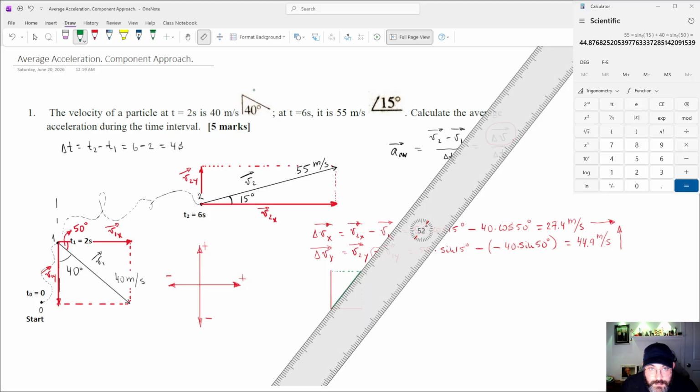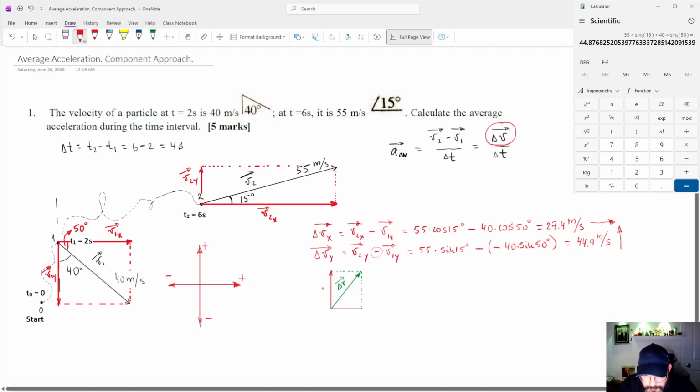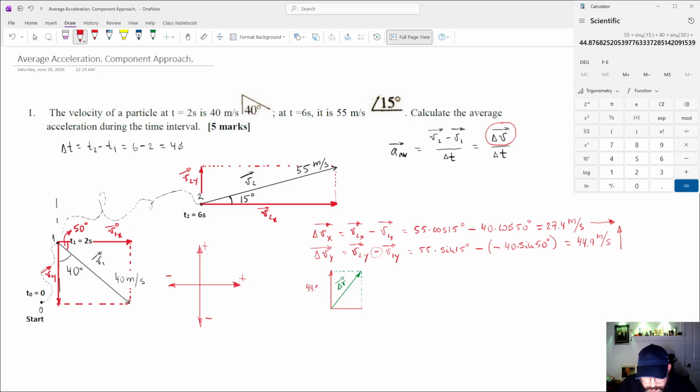Something like this. Okay, good. So this is our delta V. This is 44.9 meters per second. And this angle is some angle theta, which defines the direction of our delta V. And this one is 27 meters per second.